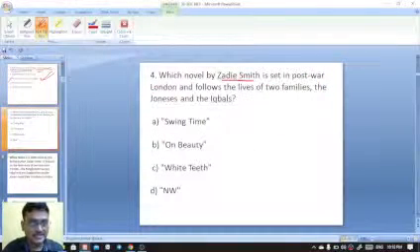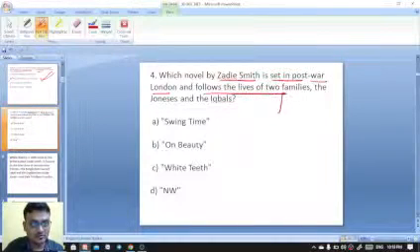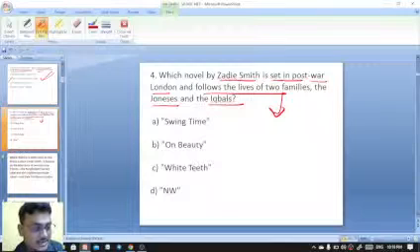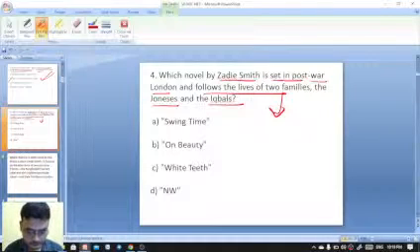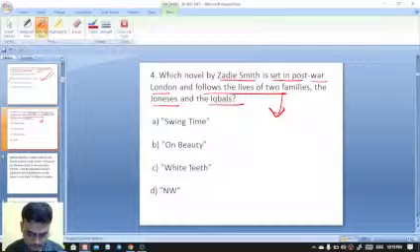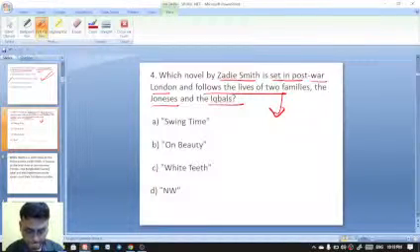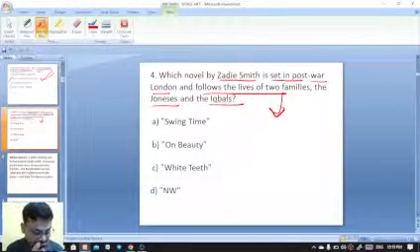Next question. Which novel by Zadie Smith is set in post-war London and follows the lives of two families, the Joneses and the Iqbals? Where Samad Iqbal is the Bangladeshi friend and the engineer, the Englishman Archie Jones. Exactly, fantastic.